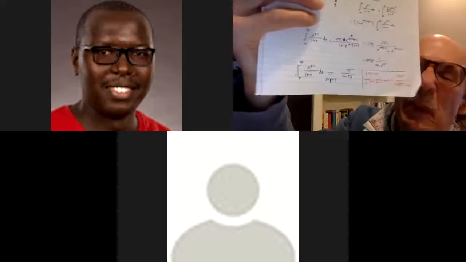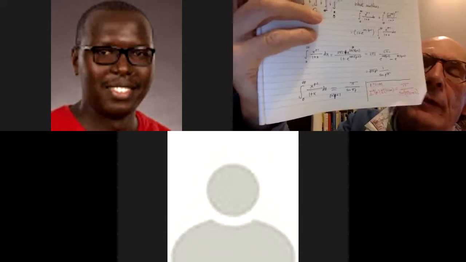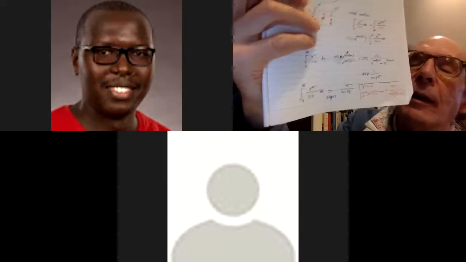So the top is pi, and the bottom is sine of pi times 1 minus m. Let me put some extra parentheses around that. So we have this insane formula for this product of two gamma functions.